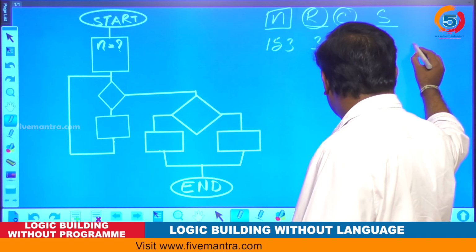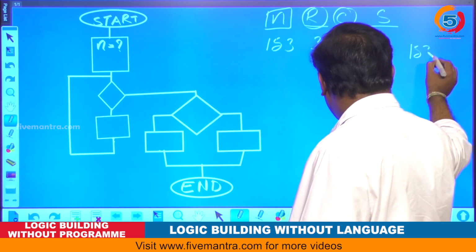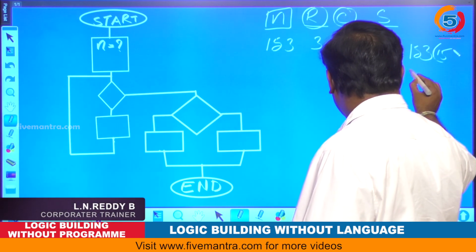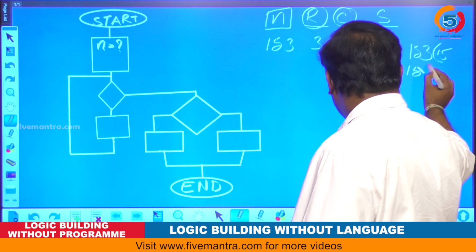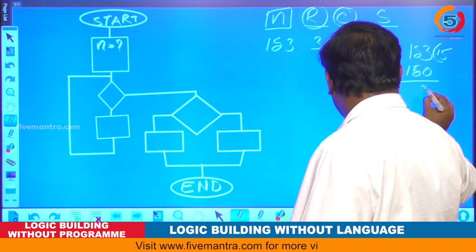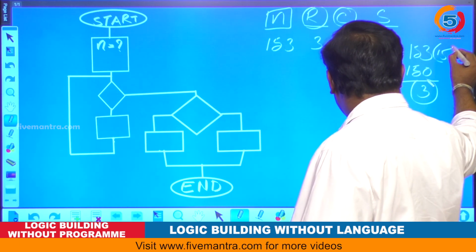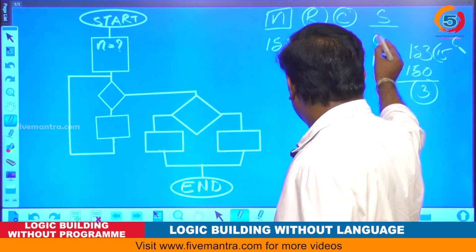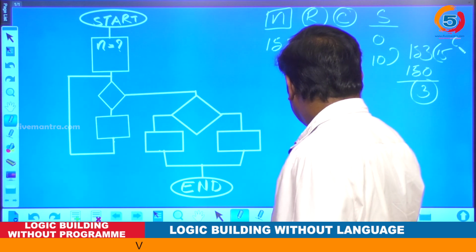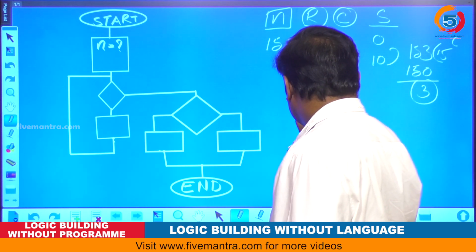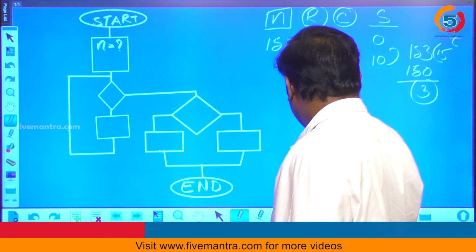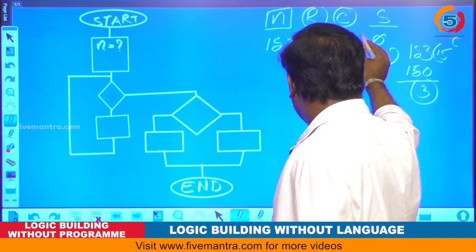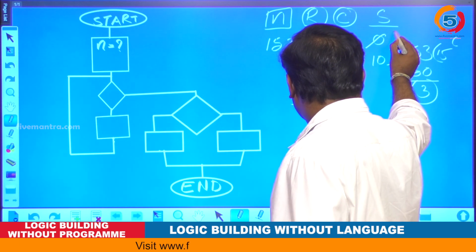Mathematically we do the operation 153 mod 10, 15 into 10 is 153, that is 3 is the remainder and the quotient is 15, right? So the first operation is 3 cube, and we add it into summation. Now zero becomes 27.